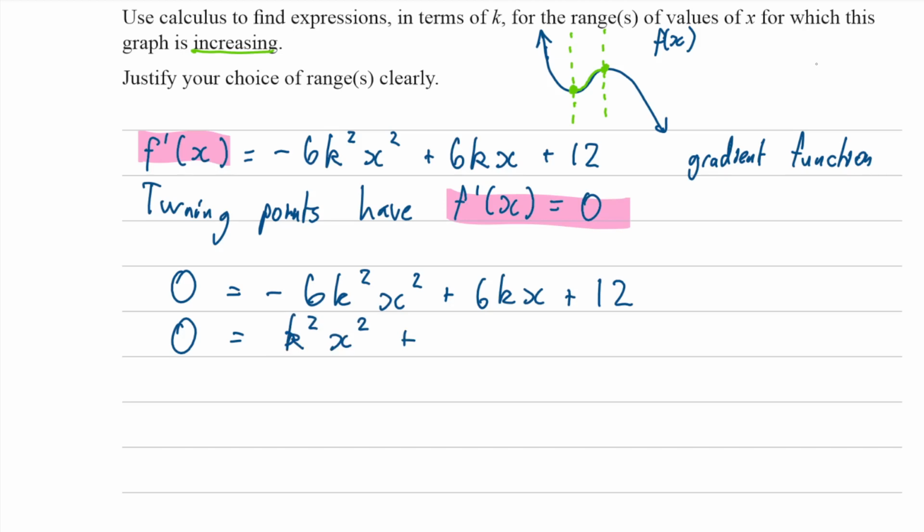And instead of plus 6kx, it'll be minus kx. And then 12 divided by minus 6 is minus 2. So again, we did that on both sides. However, 0 divided by 6 is still 0, which is why that's a great step to do. It just simplifies the problem. What next?